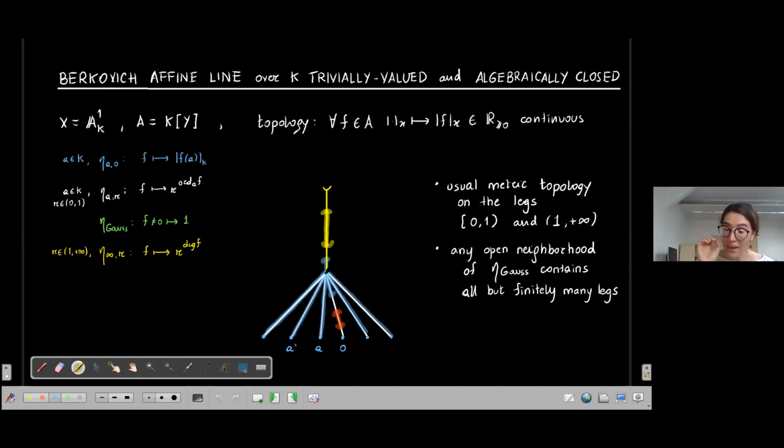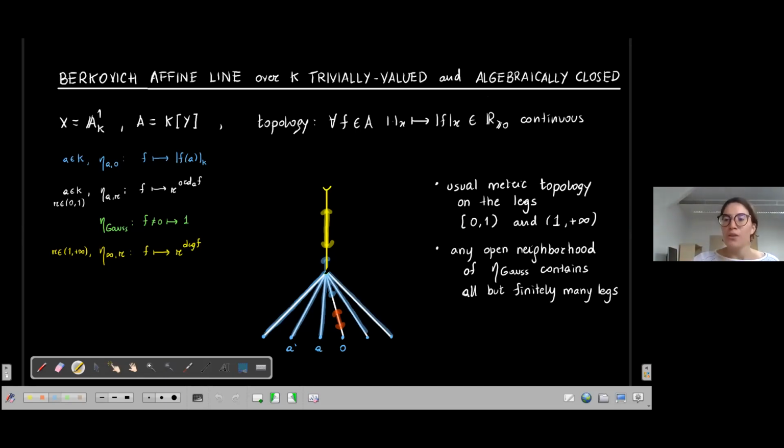But around the Gauss point, any open neighborhood of the Gauss point will contain all but finitely many legs. So in this sense, the topology we're taking here is really different from taking the cone with vertex the Gauss point. It was pointed out before.